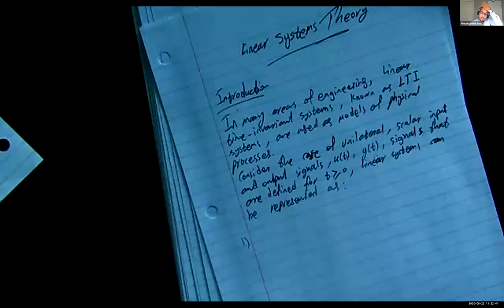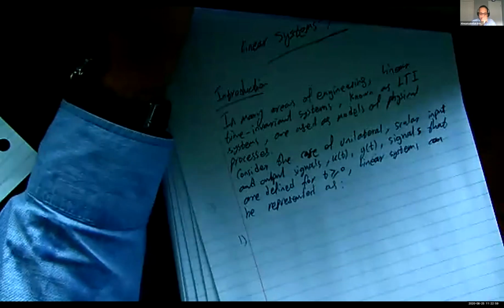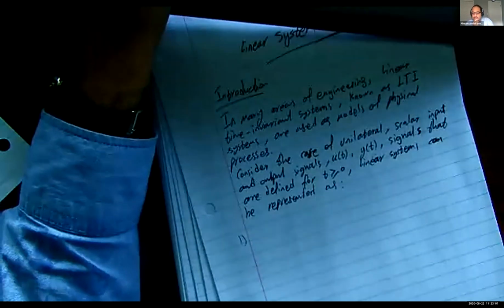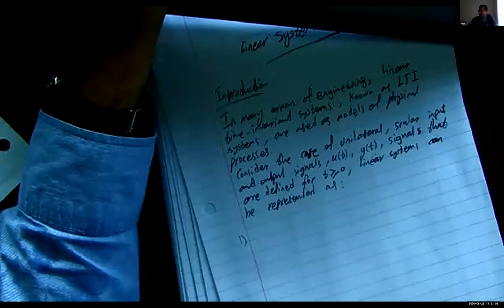It can be as simple as your output being a linear function of your inputs with respect to time. What do we call that? Can we call that a transfer function? Yes, you can call it a transfer function.